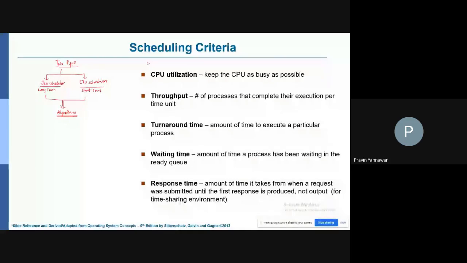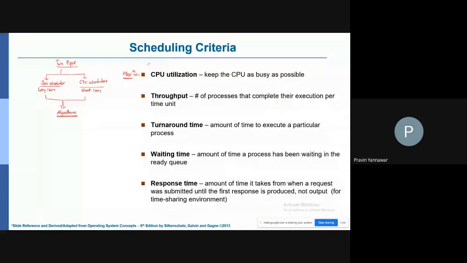We need to keep our CPU as busy as possible, so we want this utilization to be maximum.